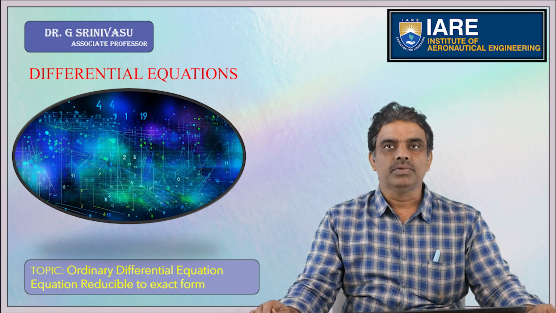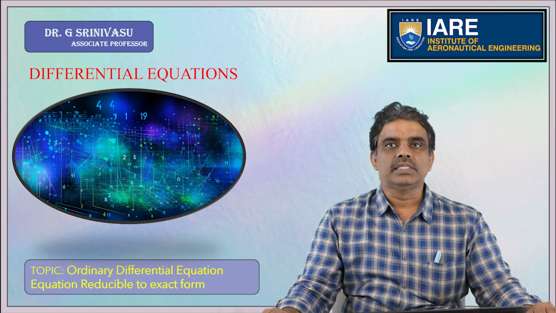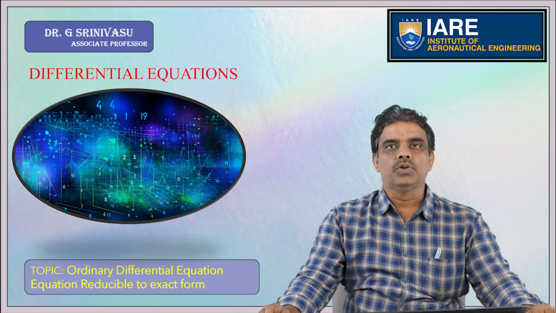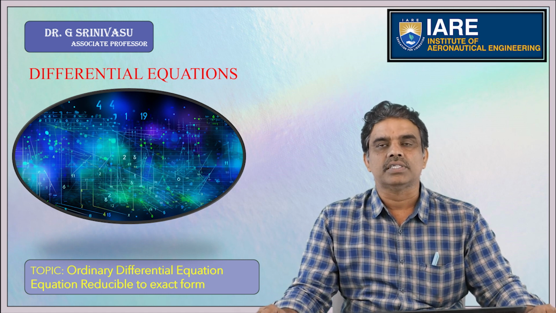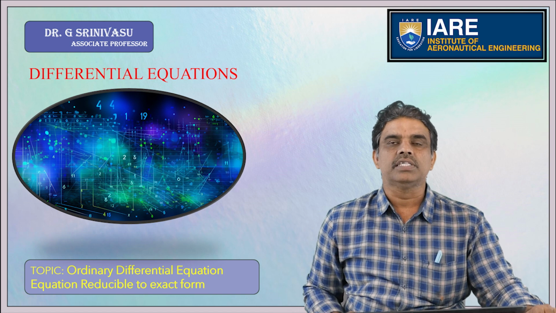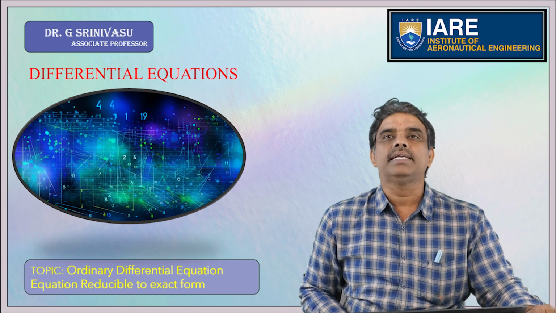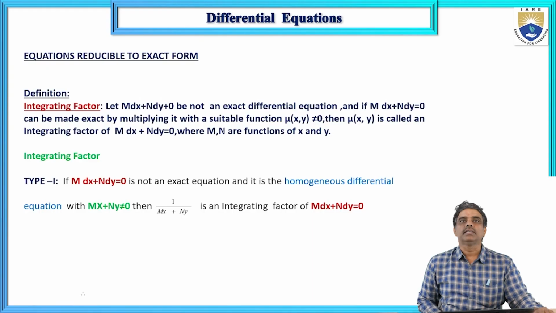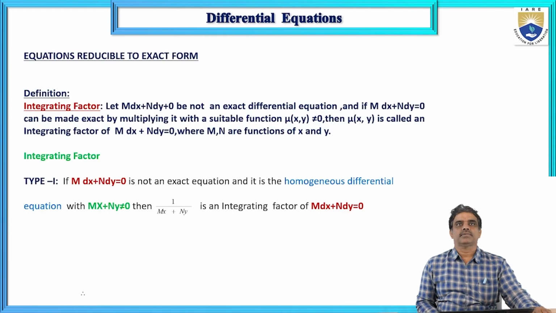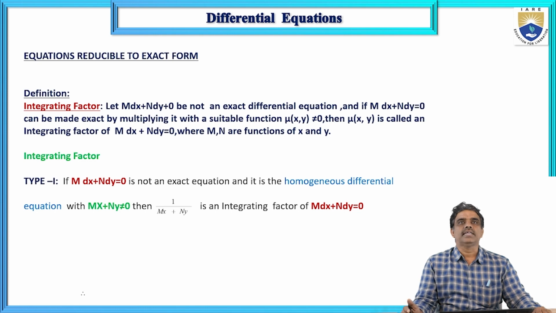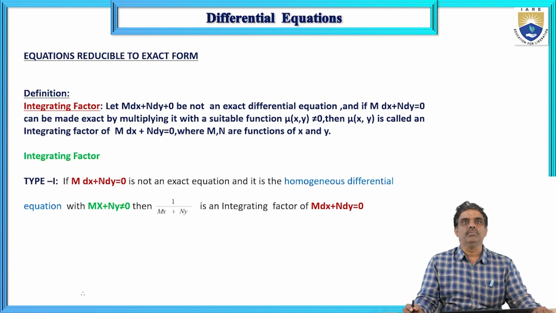Now, in this session, I am going to explain non-exact equations and how to find their solutions. If the given equation is non-exact, we can make it exact by using the integrating factor. So the title is equations reducible to exact form.